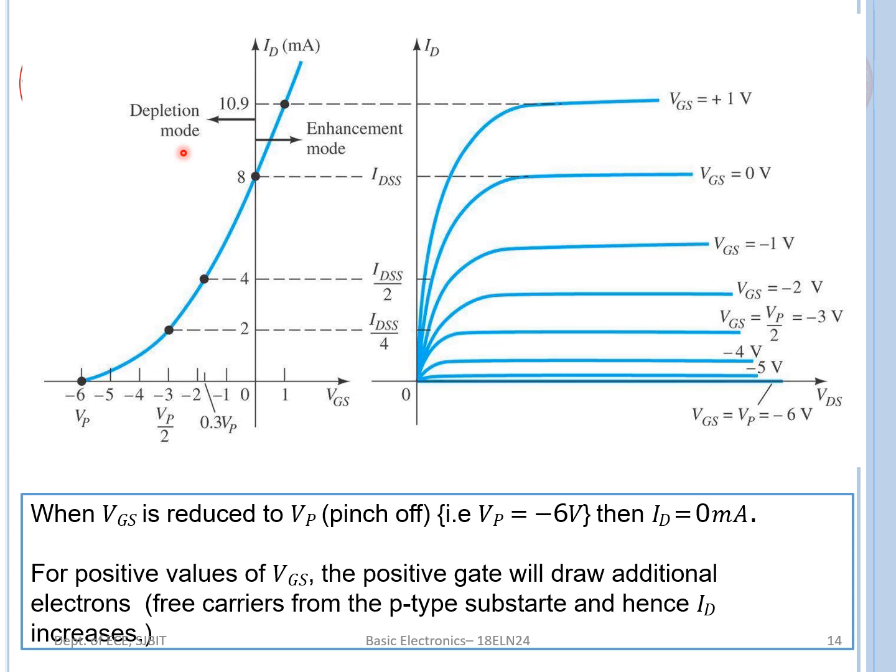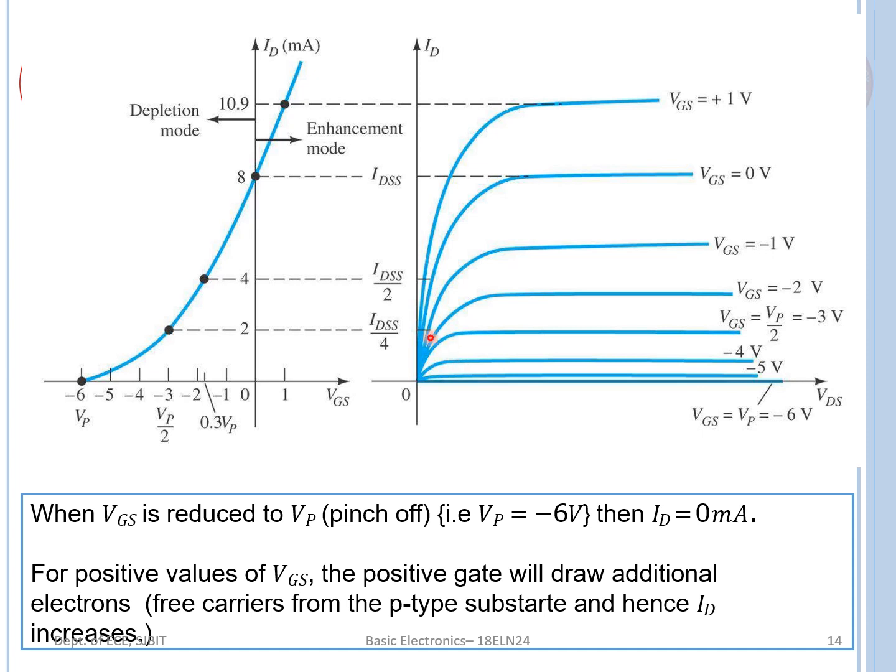Now, looking into the characteristic, let us have a look at what is going to happen. In this case, as the gate voltage is made negative, we can see here the channel is depleted of charge carriers, thus increasing the effective channel resistance.